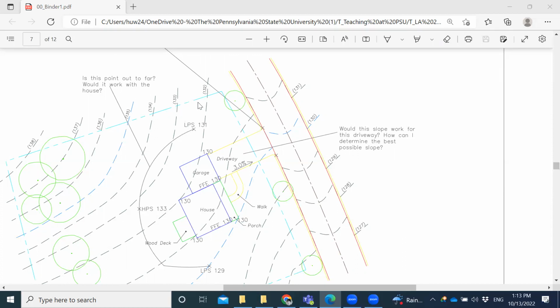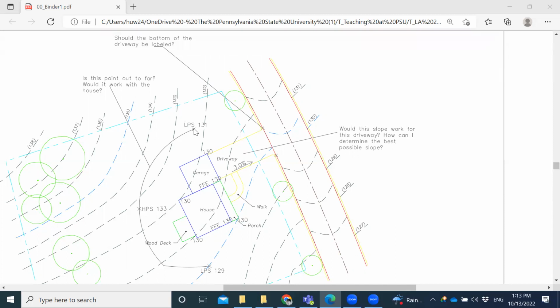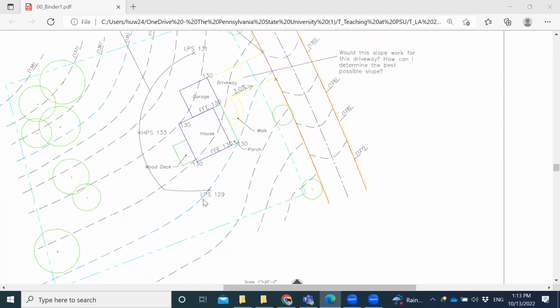Well, this is 132. So if you have your LPS at this location, it will be above 132. So 132.3 or 4 instead of 131, because you interpolate, right? So for here, your LPS can stop here, which is slightly above 130.